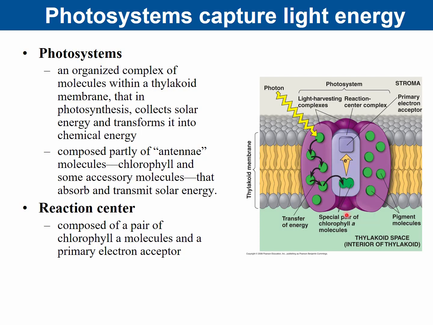And when water splits and it donates electrons to this chlorophyll A, and the light hits those electrons, that photon energy, remember that light is going to excite those electrons. It's going to bring them to a higher energy state. And then those electrons are going to get passed to electron carriers. This is going to have a primary electron acceptor, which will then be used to pass those electrons on.